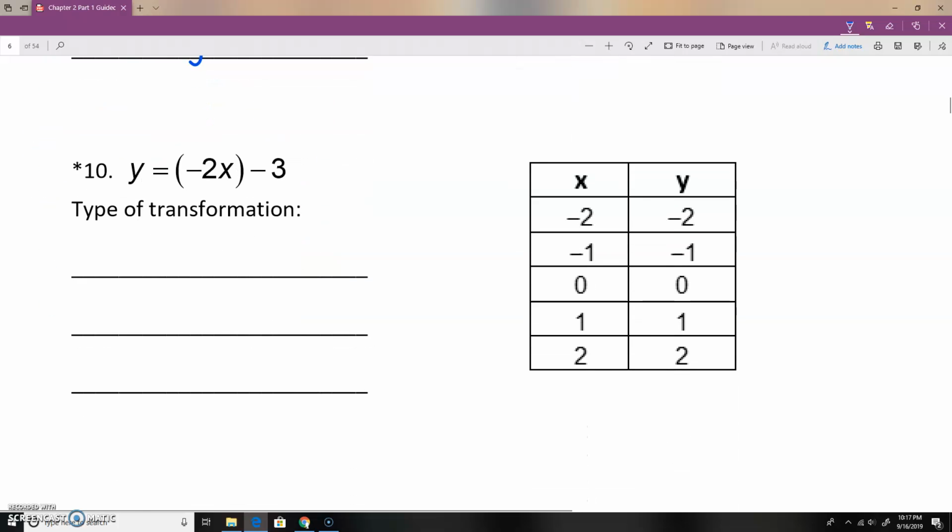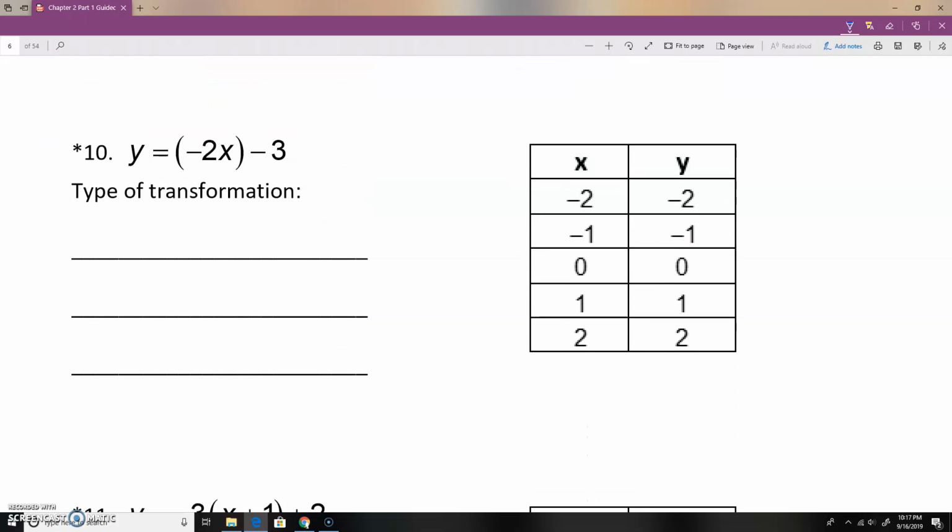Okay. Now number 10, we're working with our b value and our d value. That b value is negative and it's also 2, so that's going to tell us two separate things. The negative tells us it's going to reflect across the y-axis.